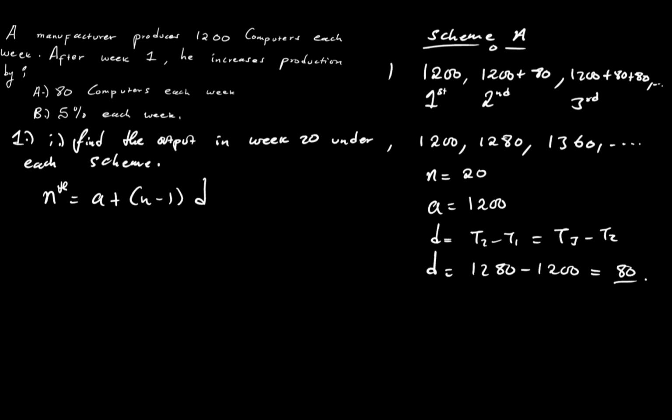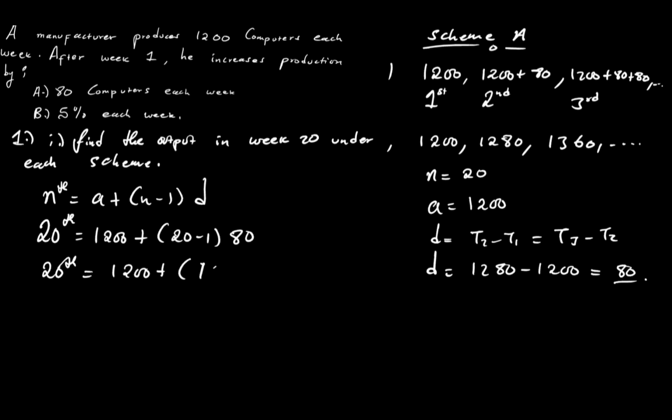So what is the output in week 20? In the 20th week, we have 1,200 plus 20 minus 1, then times 80. Then the 20th week will produce 1,200 plus, now this will give you 19 times 80, so we do that. The 20th week is giving us 1,200 plus 1,520.